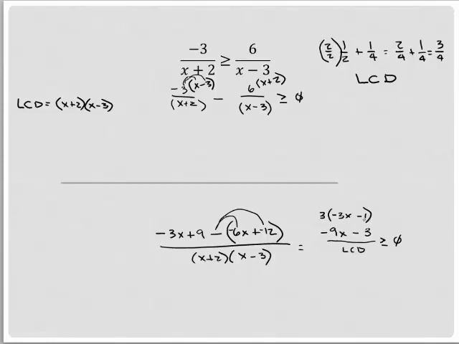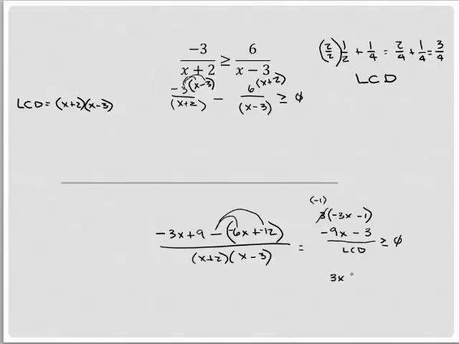Now I don't like these negative numbers. I want to get rid of these negative numbers, so I'm going to multiply by negative 1. If I multiply by negative 1, this 3 is greater than or equal to 0, so it drops off.